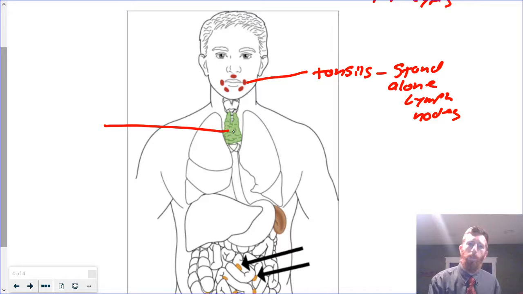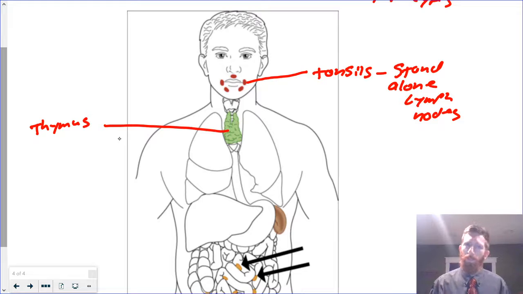So then this thing right here, this is actually kind of a dual function organ. We'll learn about this in chapter 9 when we talk about the endocrine system, but this is the thymus gland. And so the thymus gland, it does a lot of things. It produces hormones and different things like that. But what we're going to focus on is that it basically programs or it teaches young lymphocytes how to behave or what to do.